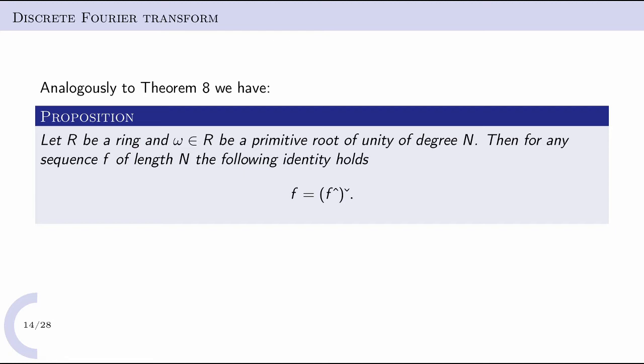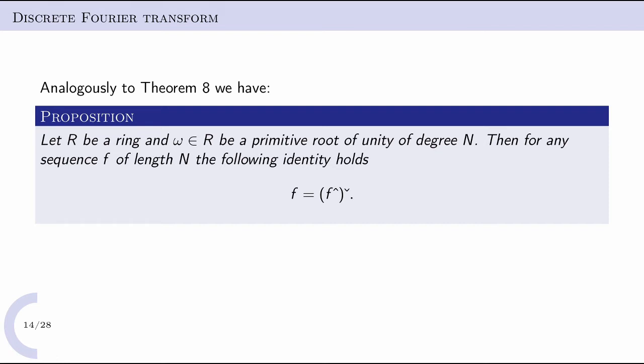also holds an analog of the Fourier theorem. So if we have a ring and a primitive root of unity of degree n, then for any sequence of length n, the discrete Fourier transform and the inverse discrete Fourier transform are opposite of each other. They are inverses.